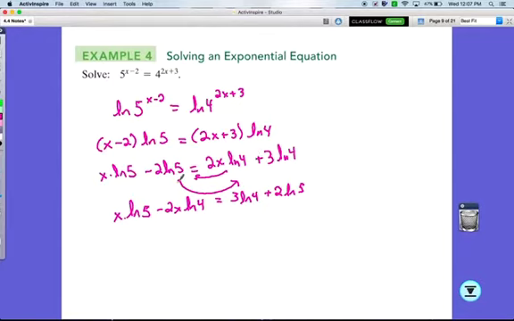So I would bring the x's to the left, the non-x terms to the right. Once you have that, you're going to factor the x out of the terms that have x's, so that if you factor the x out, you'll be left with natural log of 5 minus 2 natural log of 4. And then rewrite the other side.